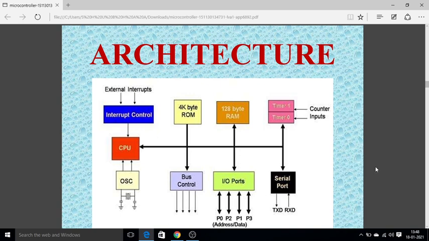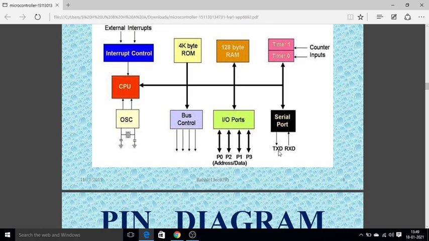And coming to the serial port, it is used for serial communication between the peripherals interfaced with the 8051 and the 8051, so here we have the transmitting data and the receiving data.